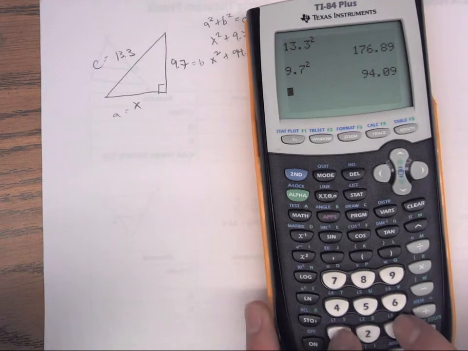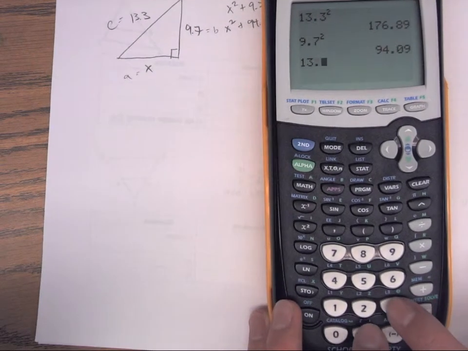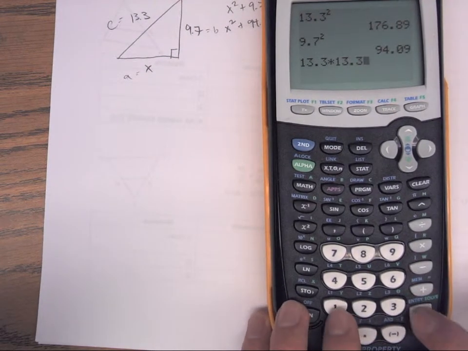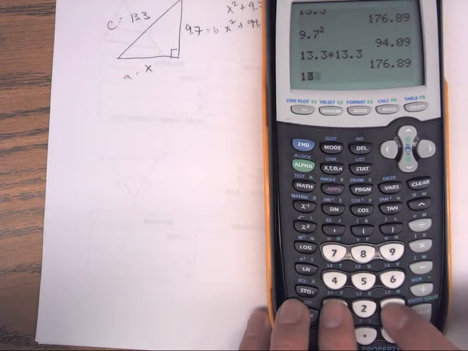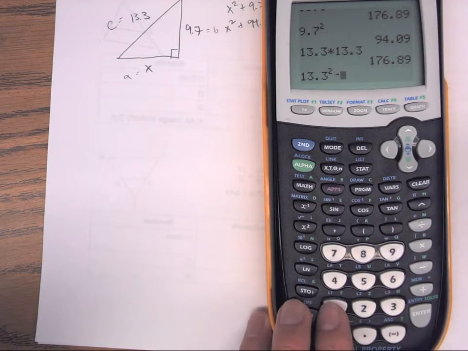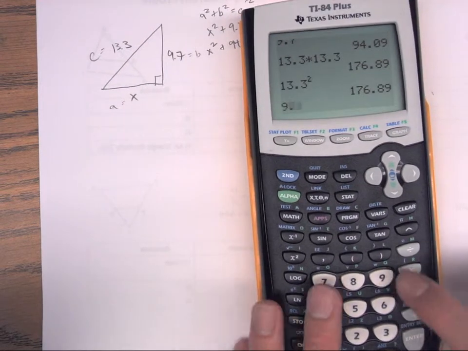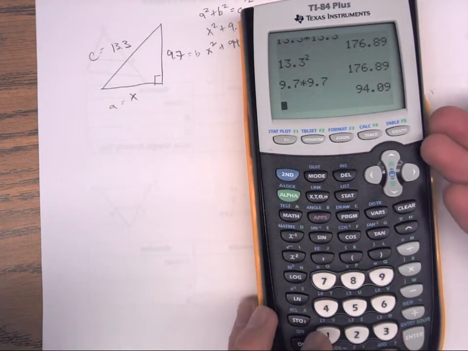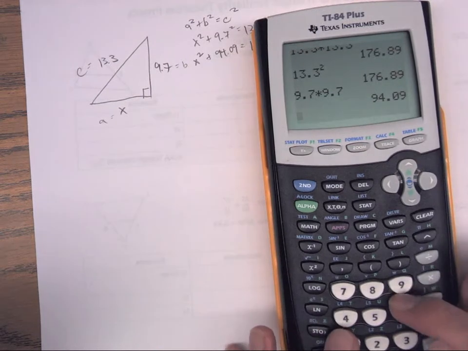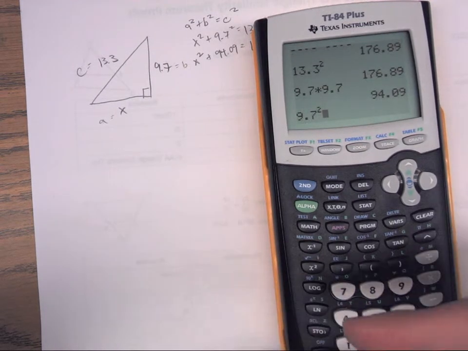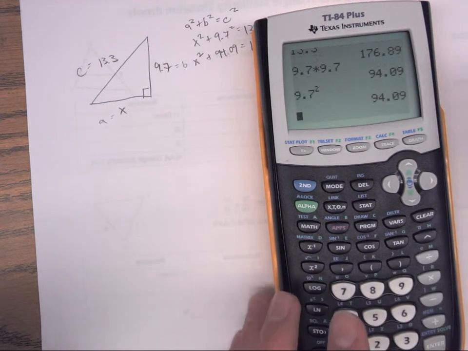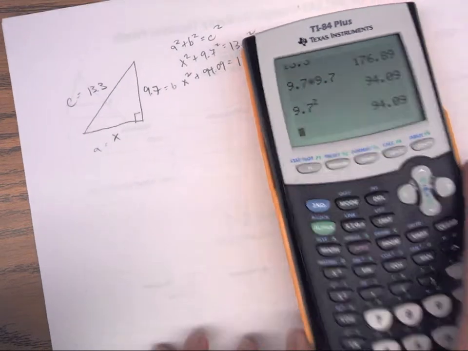You could go 13.3 times 13.3 to get that, or you could go 13.3 squared. If you like 9.7 times 9.7, instead of doing 9.7 squared, you can do that as well. It means the same thing.